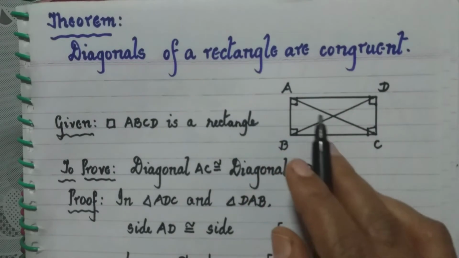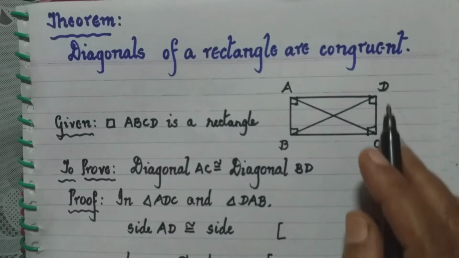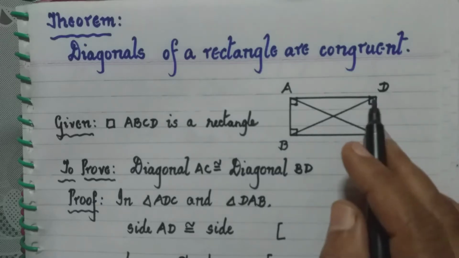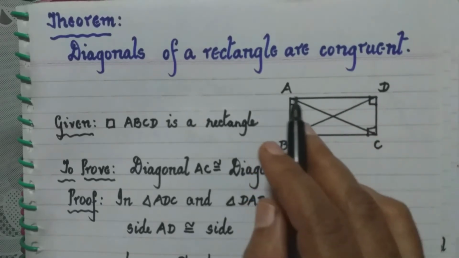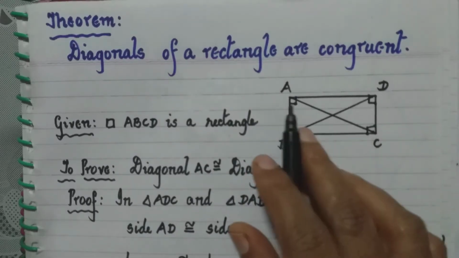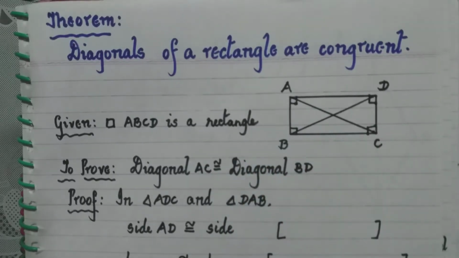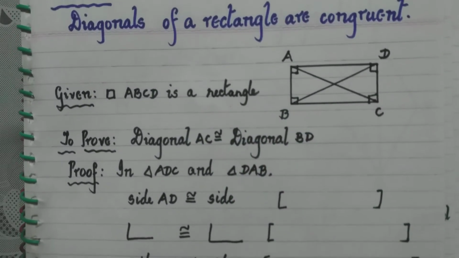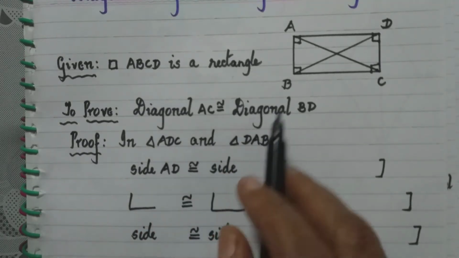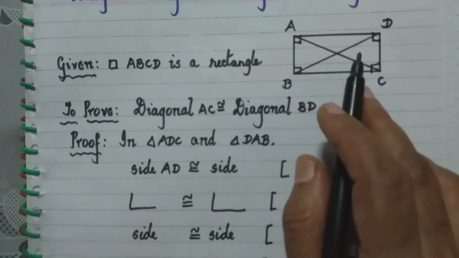Now you will clearly see here when we are taking this triangle and the next triangle, there is one side which is overlapping between the two triangles, and that is side AD. So when we are writing the proof to prove that the two triangles are congruent, let us take that side first.